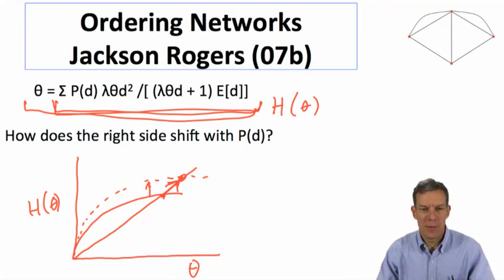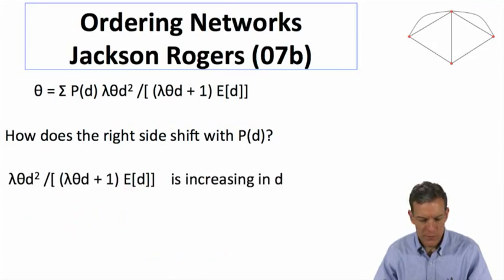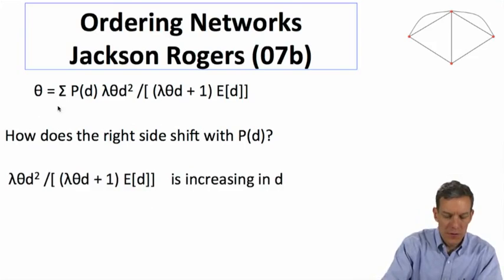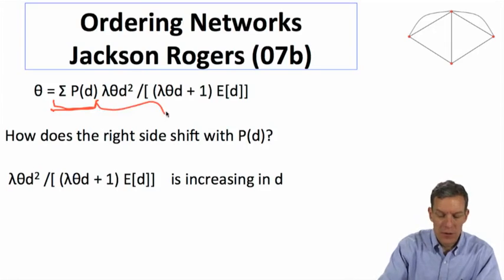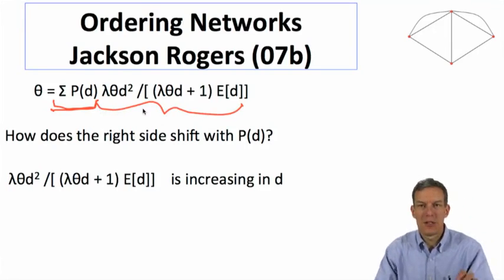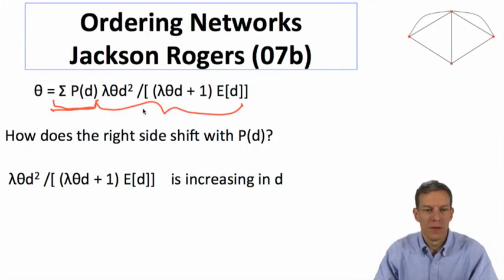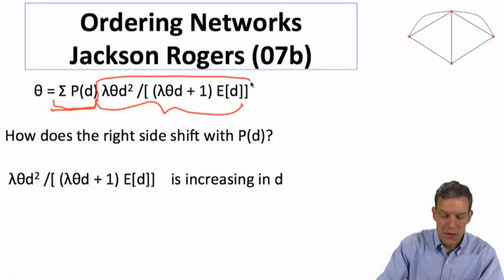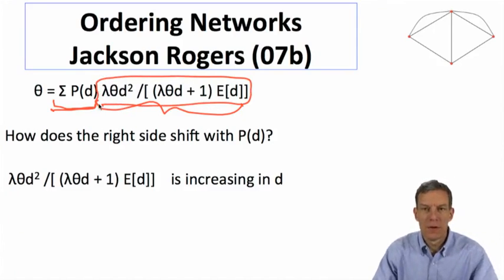So let's see what we can say about how this right-hand side moves. Okay, so first thing, if you look at this function, what we're doing is we're weighting it by different degrees, and then we've got some function here that we're taking an expectation over with respect to the different degrees. And what can we say about this function right here? How does it behave?